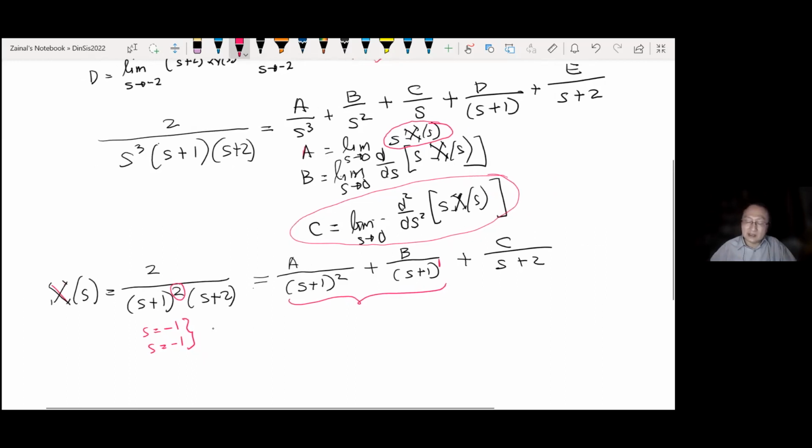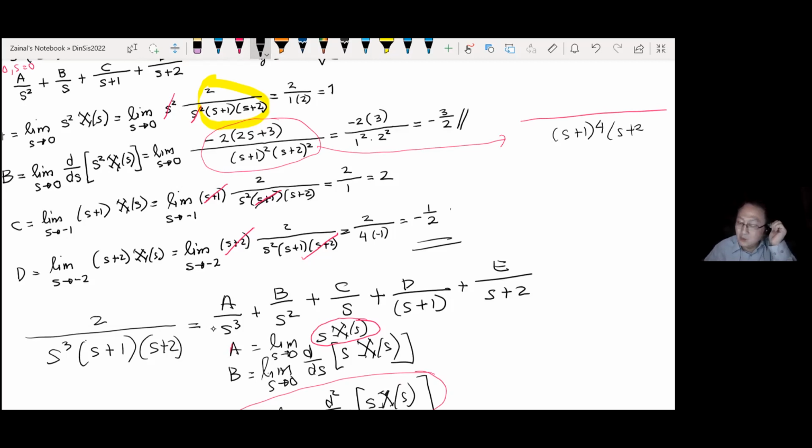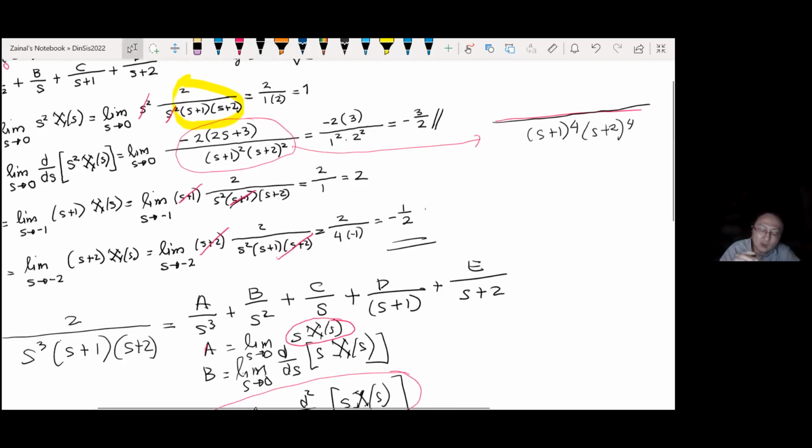Jadi kalau ini misalnya ini turunannya, ini kan turunannya seperti ini. Kalau kamu turunkan lagi, yang jelas suku yang di bawah pasti menjadi S tambah 1 pangkat 4 kalikan S tambah 2 pangkat 4. Kemudian yang ini U aksen V, U aksen itu adalah -2 kalikan 2.